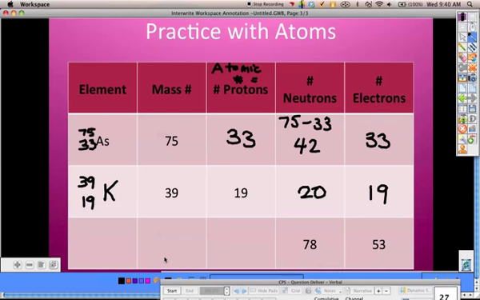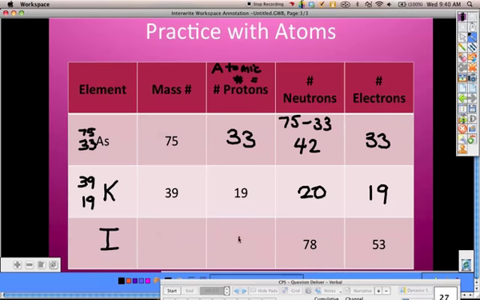Okay, the last one, I just have the number of neutrons and the number of electrons. Well, we're assuming that it's an atom, so electrons are the same as protons, which is the same as the atomic number. So what element am I dealing with? Iodine, yeah. Iodine has an atomic number of 53.